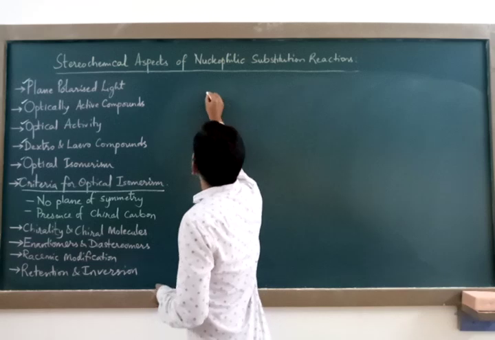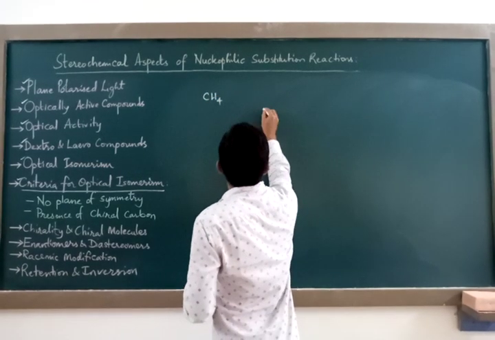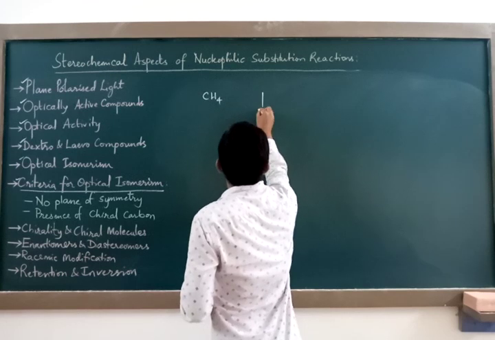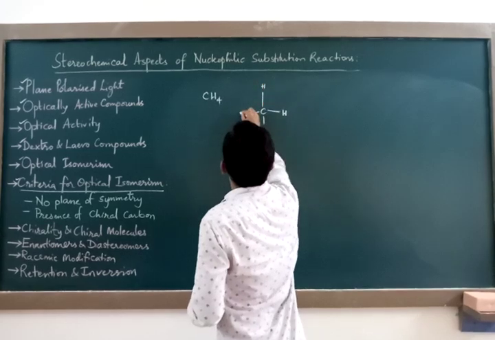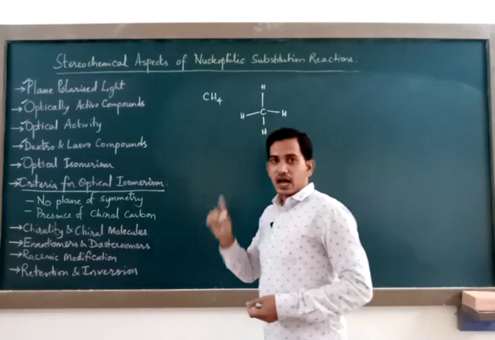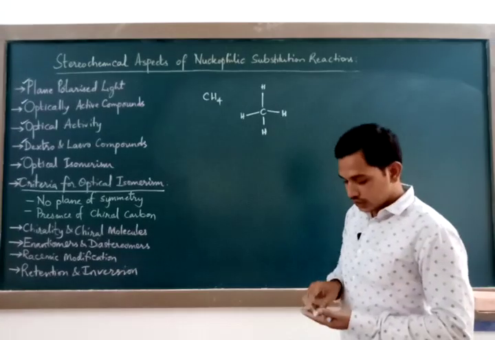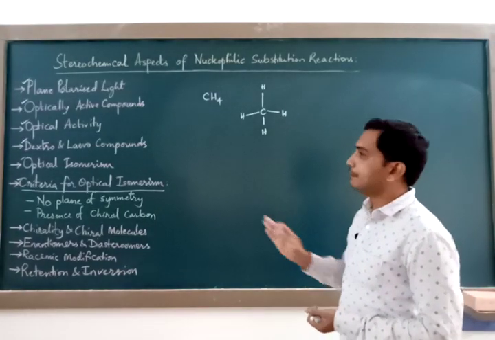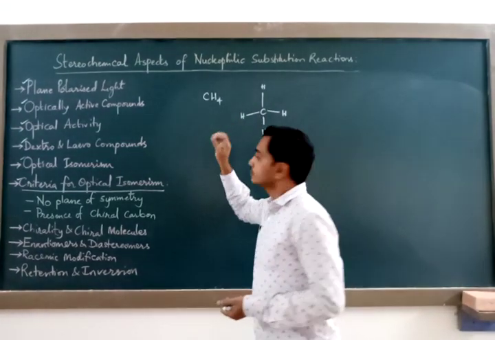Take the example of methane. If I write methane in this form, and if I ask you to divide this molecule into half, how will you do this? You might pass a plane through the exact center of the molecule.